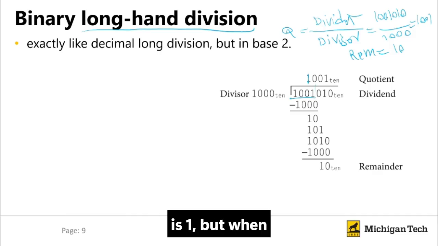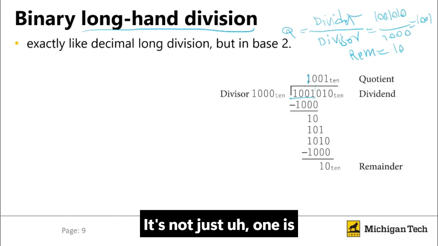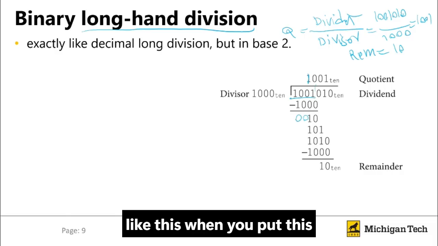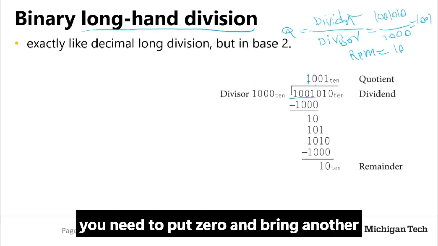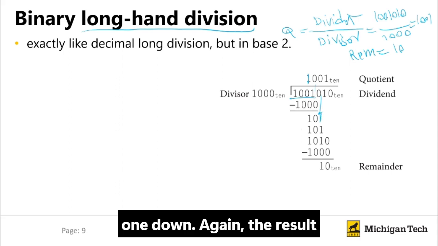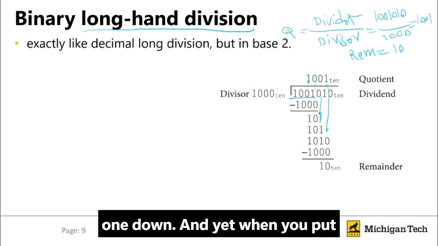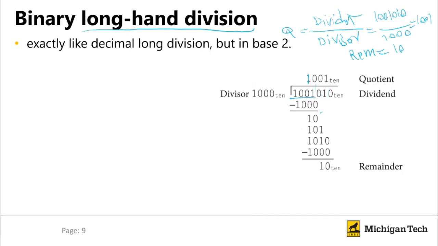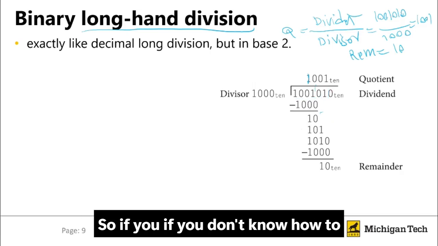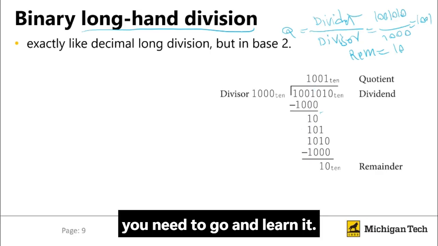But when you put this here, the result is negative, so you need to put 0 and bring another one down. Again, the result is negative, you need to bring another one down, and in this case the result can be positive, 10. So if you don't know how to divide by hand using longhand division, you need to go and learn it.